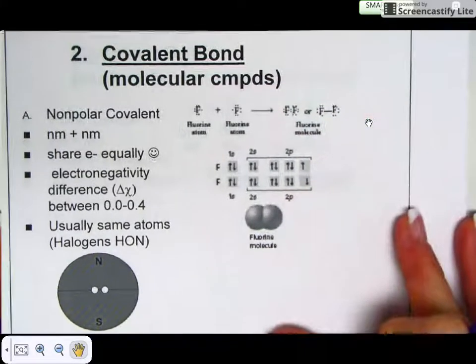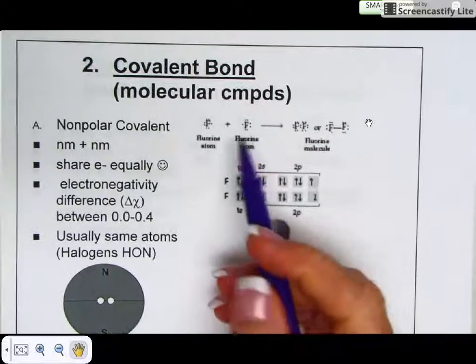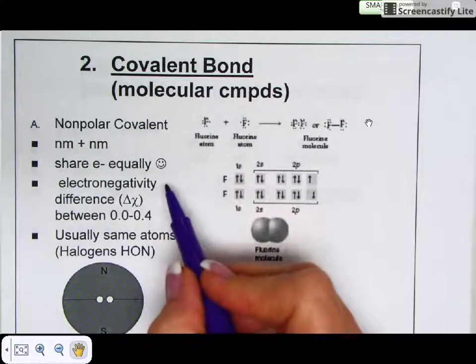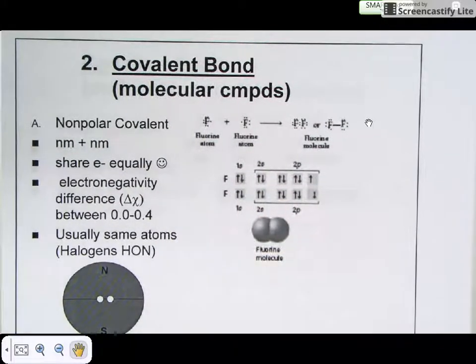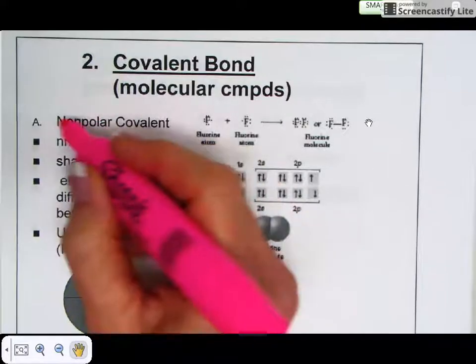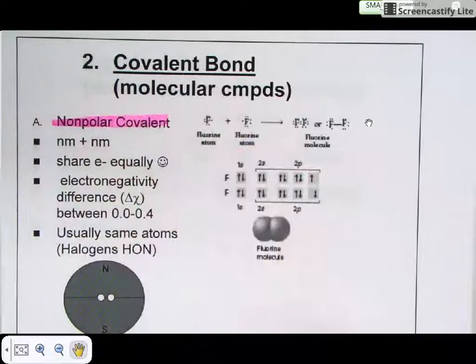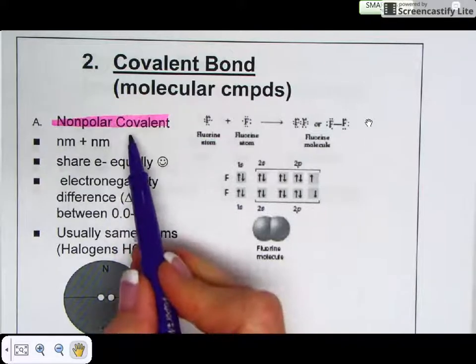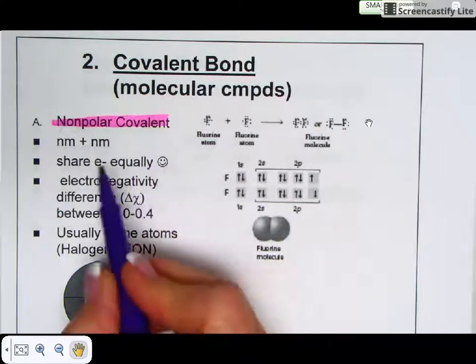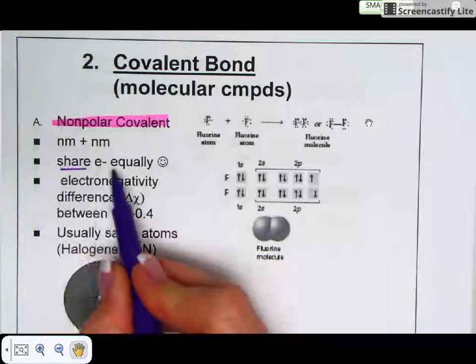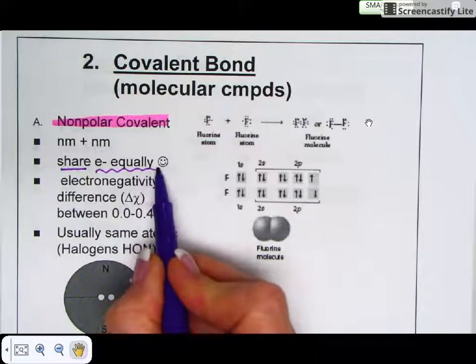Now, the covalent bonds are the types of bonds that are found in our molecular compounds. There's 2 types of covalent bonds. There's nonpolar covalent, and then we'll look at polar covalent on the next slide. Nonpolar covalent bonds share their electrons, but they share them equally, 50-50.